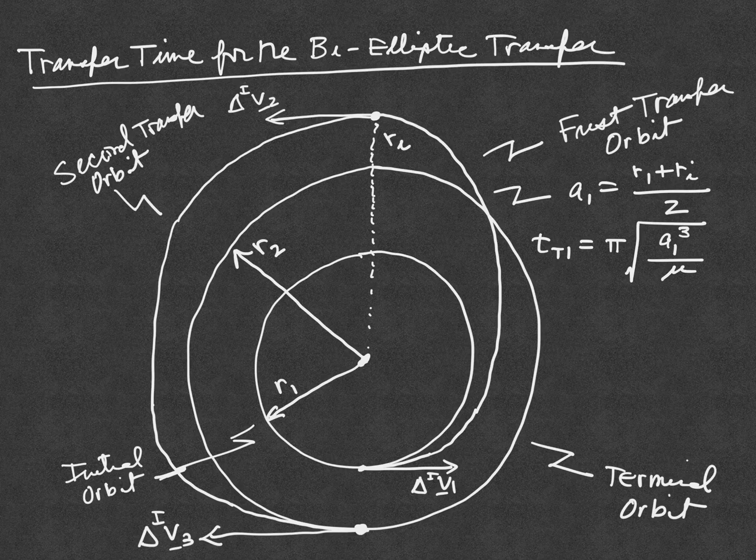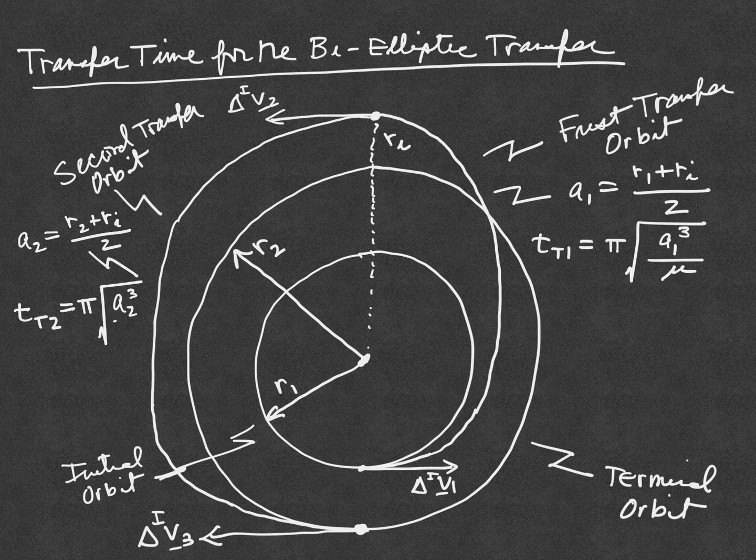Moving over to the second half of the transfer, we have a similar result. In particular, the semi-major axis on the second half of the transfer is equal to A2, and A2 is equal to R2 plus Ri, all divided by 2. So if we apply the same approach that we did for the first half of the transfer, noting that the second half of the transfer is also half of an ellipse, and now the semi-major axis is A2, the second half of the transfer time, which will be denoted t sub t2, is equal to pi times the square root of a2 cubed, all divided by mu.